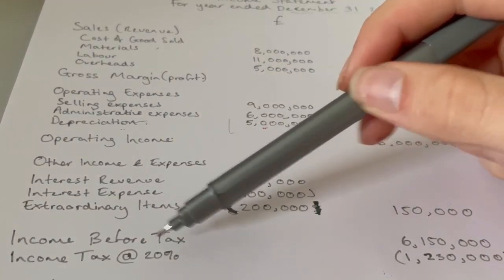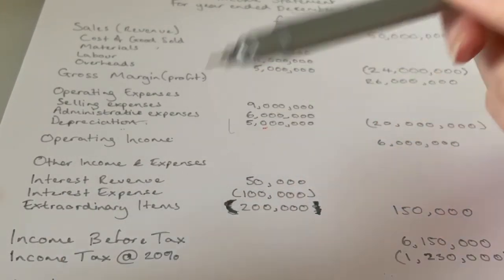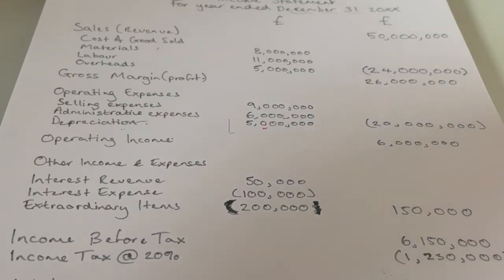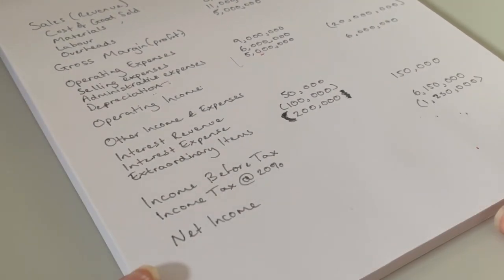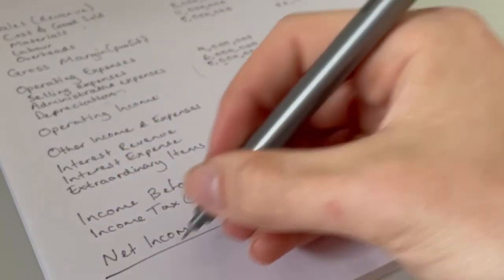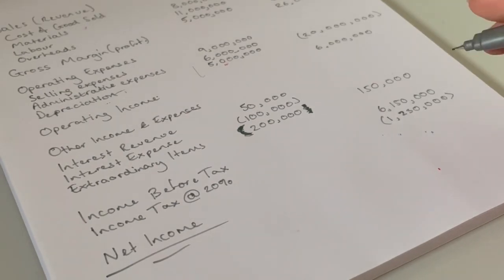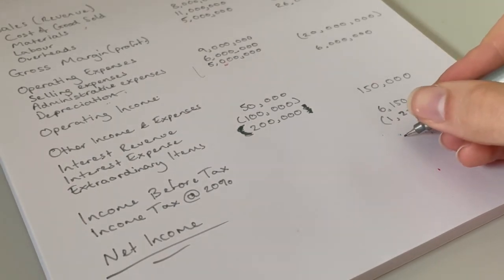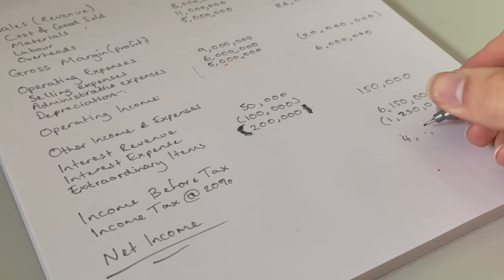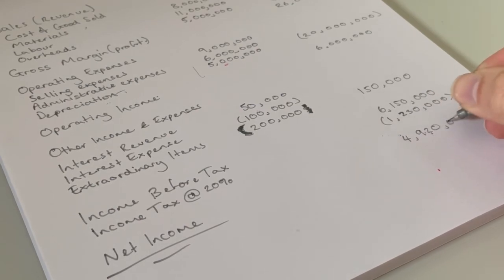Then we have some kind of tax. Here it's income tax, but it could be corporation tax, any kind of tax. You'll often incur more than one type of tax, and that gives us finally our net income, which is our bottom line, and that, in this instance, is going to be 4,920,000, if I'm not mistaken.